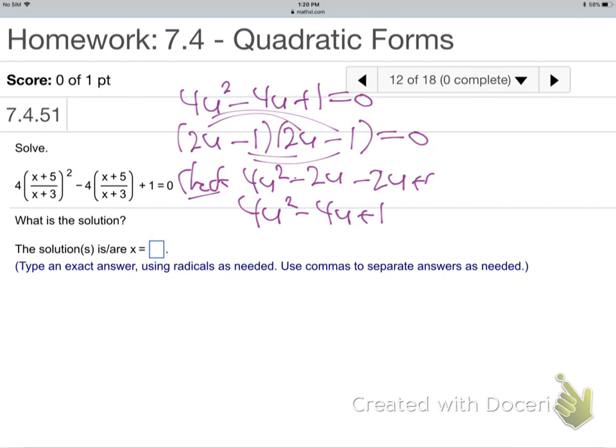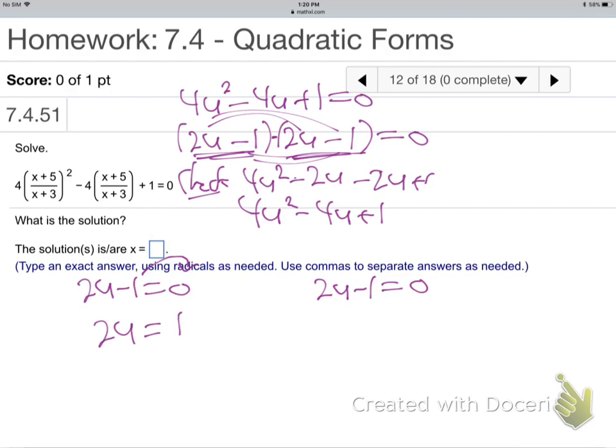So that's correct. And so what do you do from there? Well then, each of those equals 0: 2u minus 1, 2u minus 1. Because 2u minus 1 times 2u minus 1 equals 0. Two things multiply to be 0, either one could be 0. But that's the same equation twice, so there's no use in solving it twice. 2u is 1.